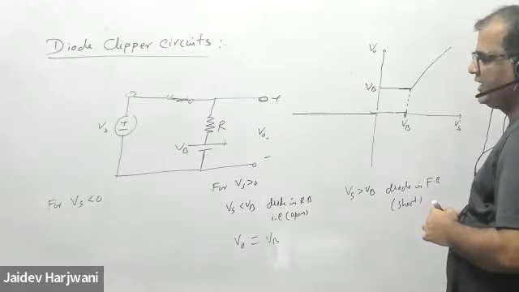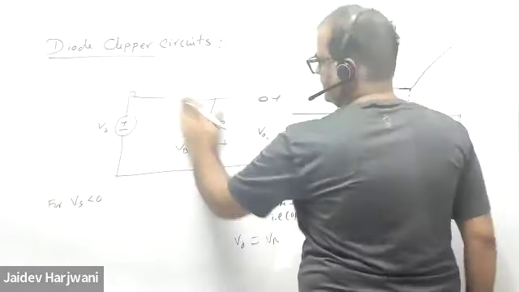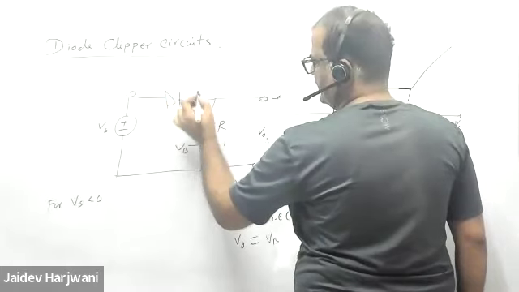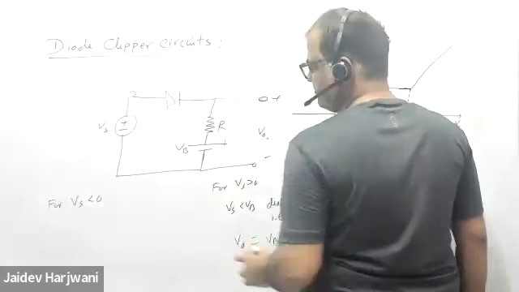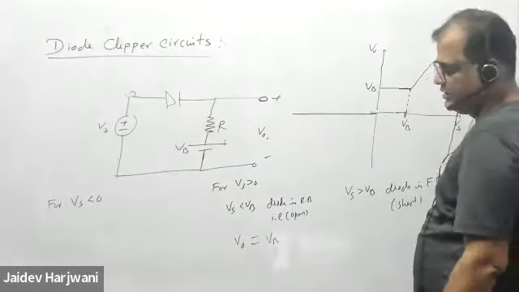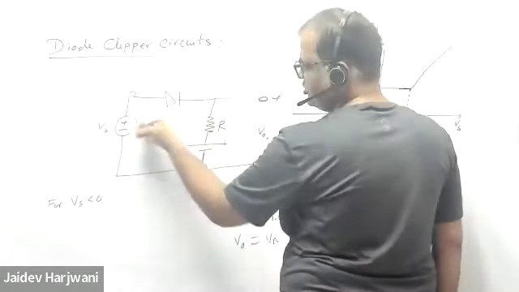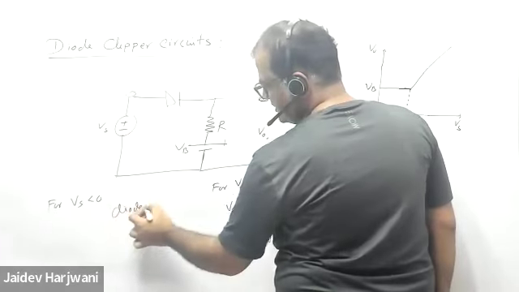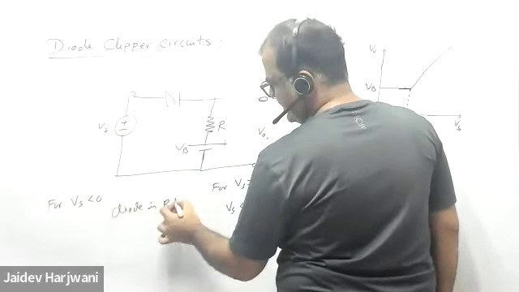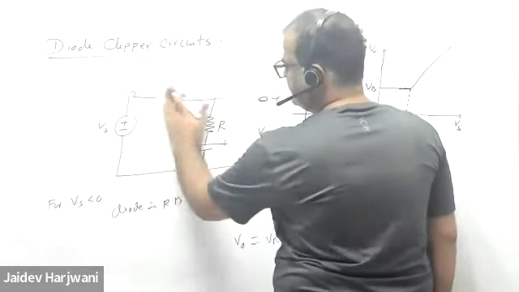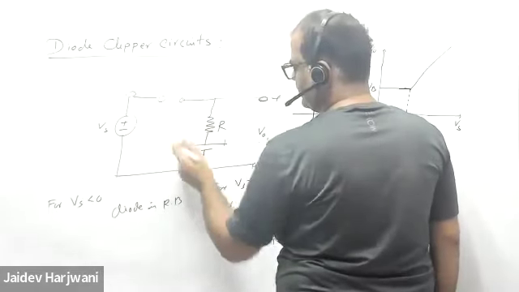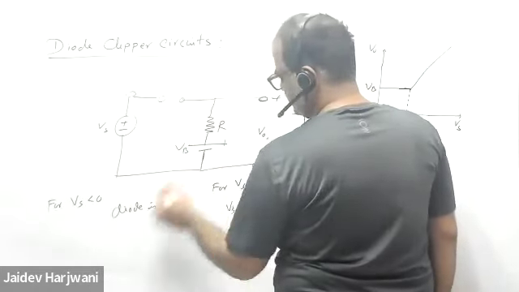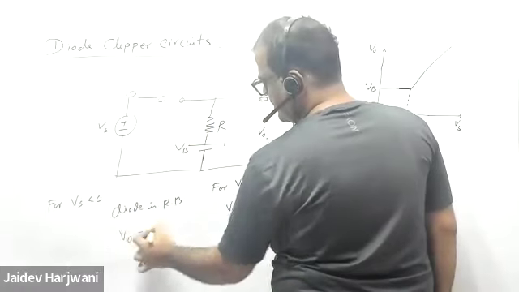Okay. For VS negative, is the diode forward biased or reverse biased? VS less than 0. Reverse biased. Always reverse, because it is already reverse biased, you put in more negative, you become more reverse biased. Diode is reverse biased. Reverse bias means open, so no current. Okay, so how much V naught will come?